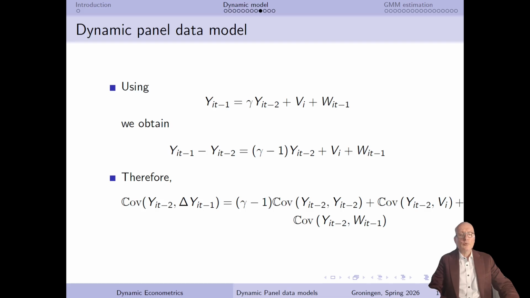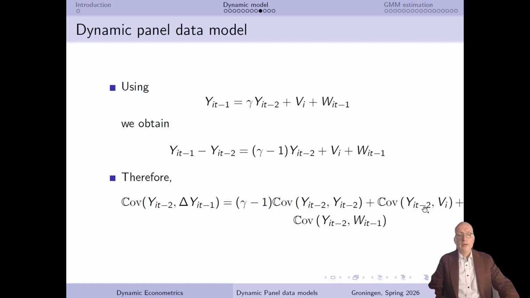The first thing you should realize is that we have already proven that y_{i,t-2} is uncorrelated to w_{i,t-1}. That's essentially what we proved on the previous slide, and the reason is that y_{i,t-2} only depends on w_{i,t-2}, and by the assumption of no serial correlation, w_{i,t-2} is uncorrelated to w_{i,t-1}. So this term over here is equal to 0.